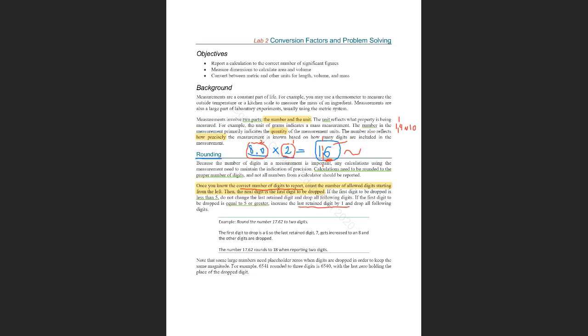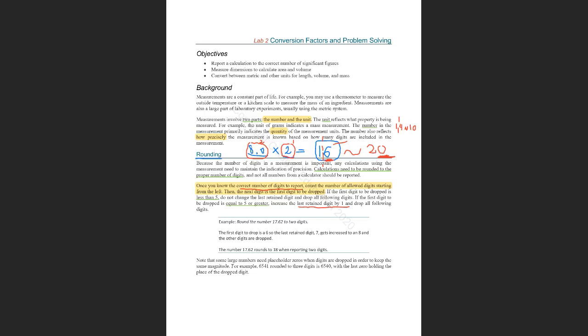In my case, because I have a 6, I am going to round to 20. Any questions? I had to add a 0 to hold the place value of the number. We will do more practice.